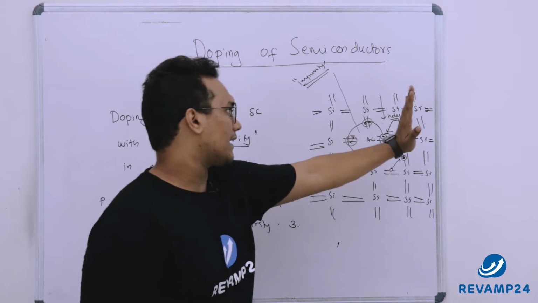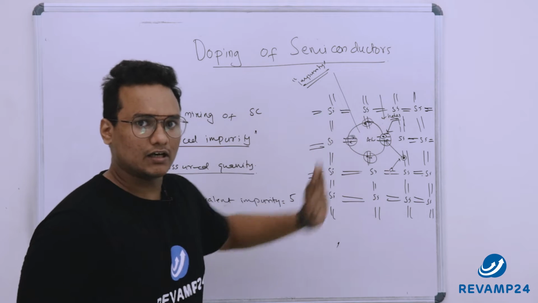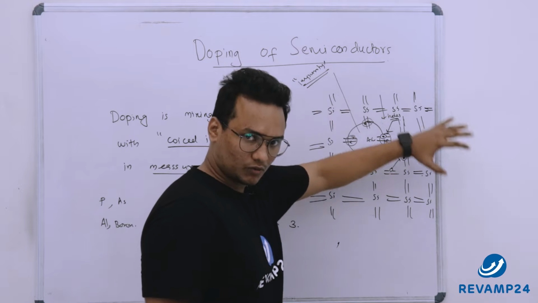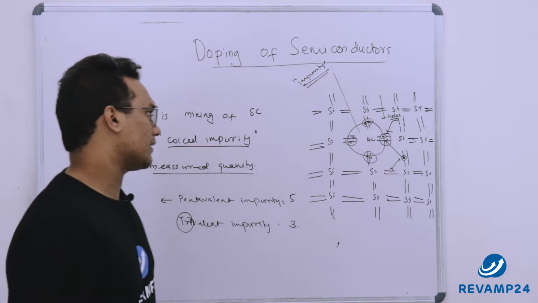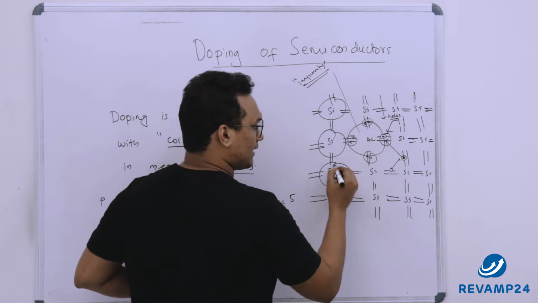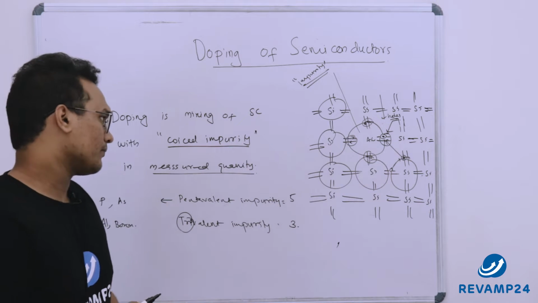All silicon atoms have 4 valence electrons and these are shared with the nearby 4 atoms. Now it is having 8 electrons in the outermost orbit on sharing with other silicon atoms. Now I can say that these silicon atoms are neutral because there are no excess electrons, no excess holes.